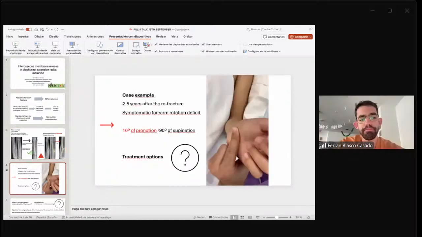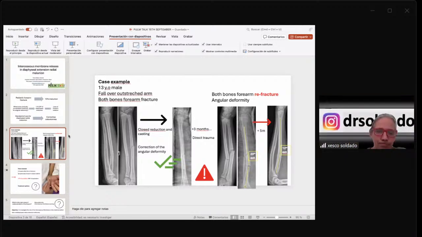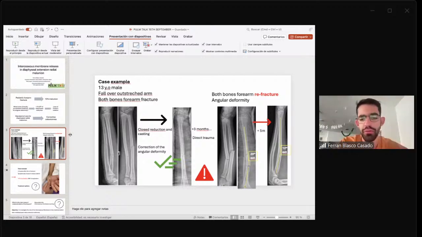Less than 20. Okay. Even if you go for 30 degrees, for example, I think it would make sense to first address the bony part and then see if you get enough forearm rotation. And if there is not enough forearm rotation after the osteotomies, you may think about releasing the interosseous membrane.